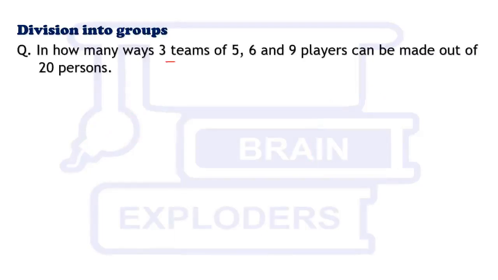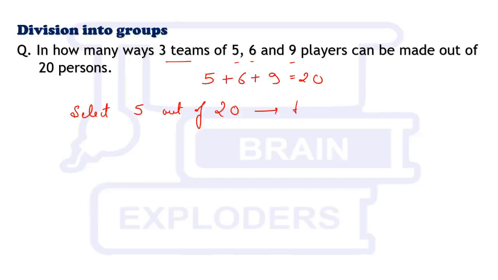In how many ways can 3 teams of 5, 6 and 9 players be made out of 20 persons? You can see that 5 plus 6 plus 9 is equal to 20. So if we first select 5 out of 20 and put them in team 1, then we select 6 out of 15, because 5 are already selected, so the remaining are 15. 6 out of 15 go in team 2.